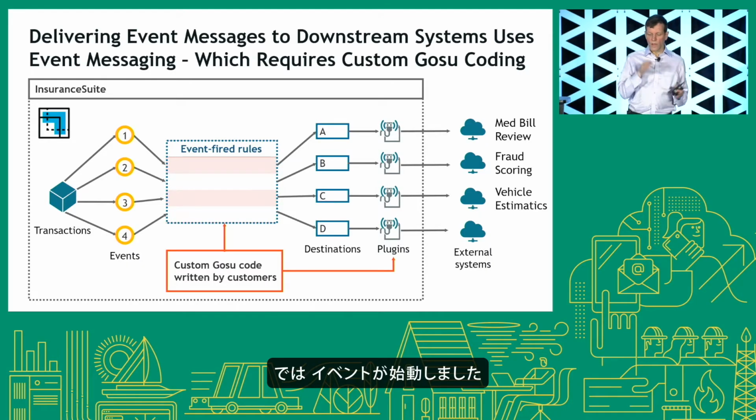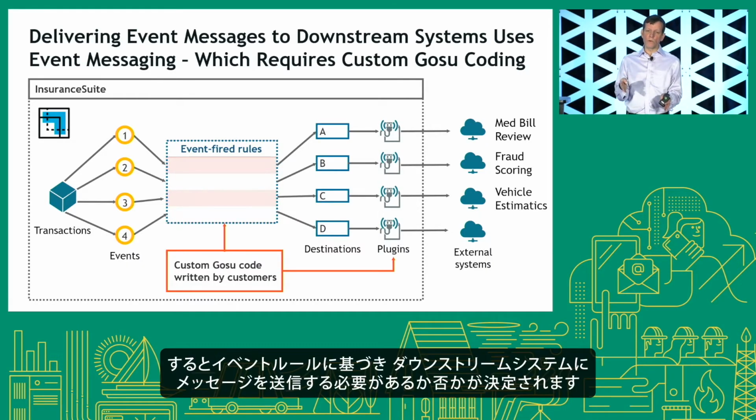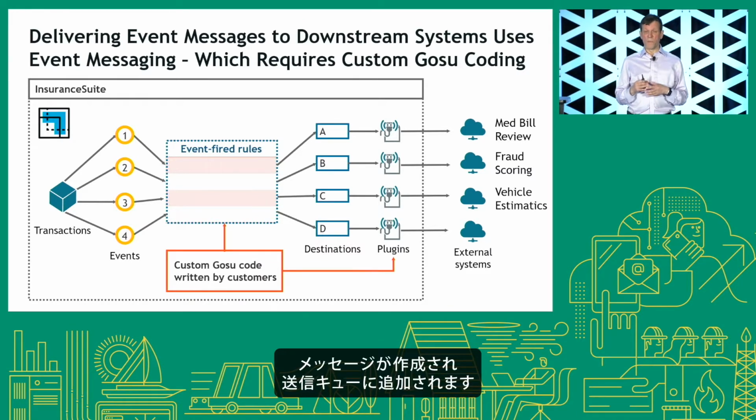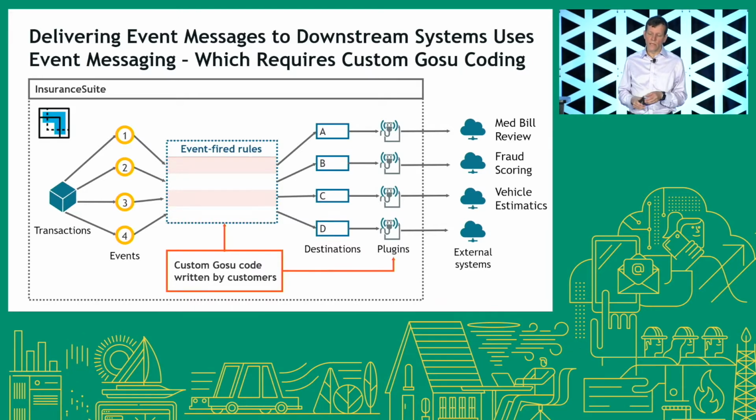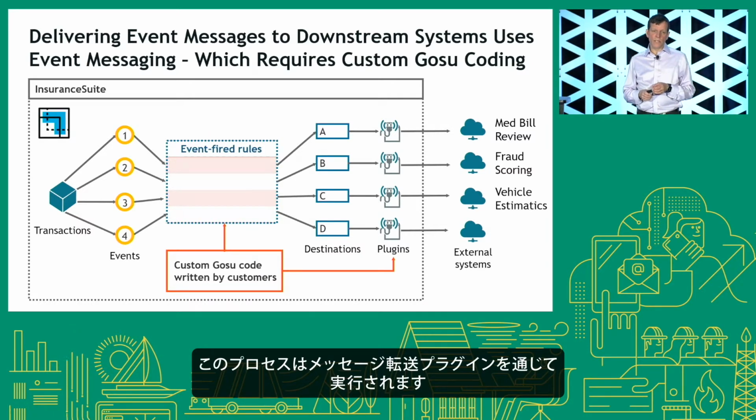Okay, so events have fired, the event rules have determined that some message needs to be sent to a downstream system, and the message is being composed and queued up for delivery. Then it needs to get from InsuranceSuite to the downstream system. So how does that happen? This is achieved through message transport plugins.